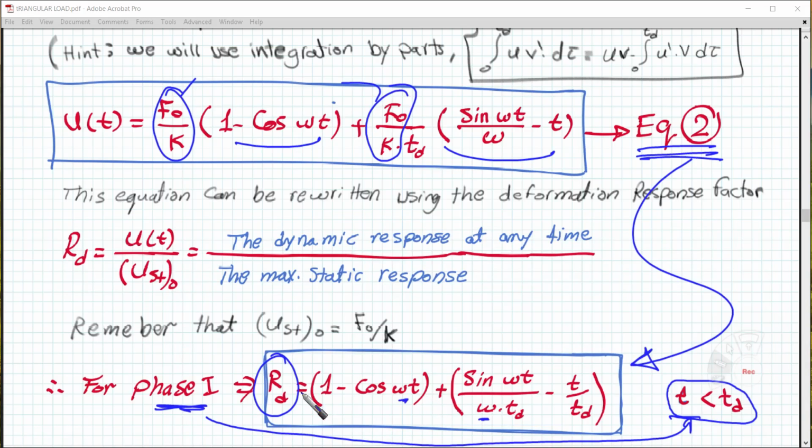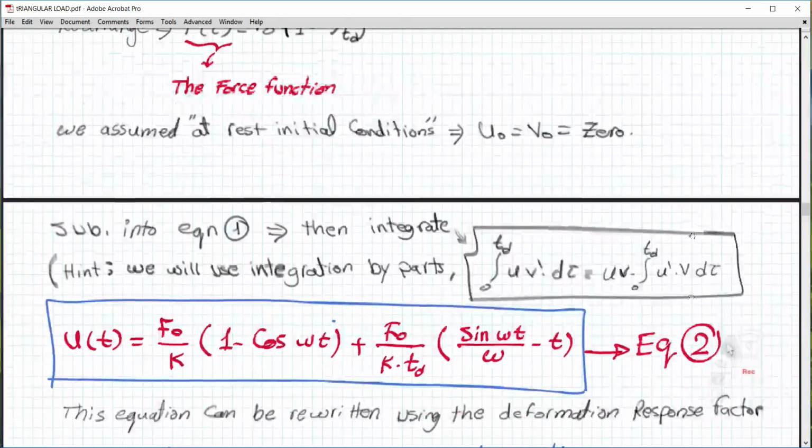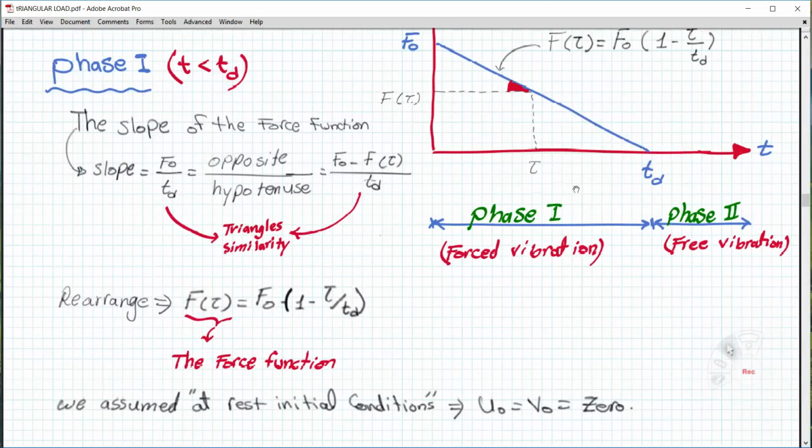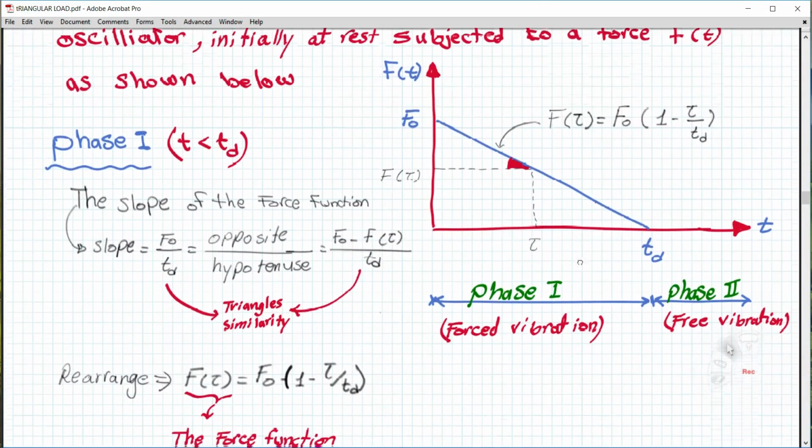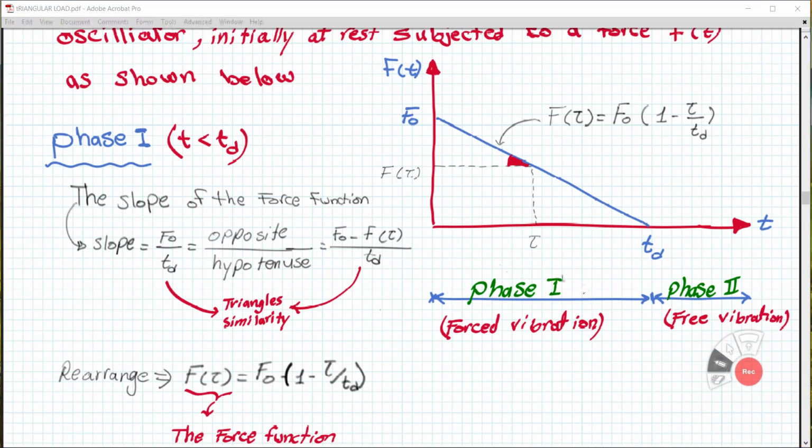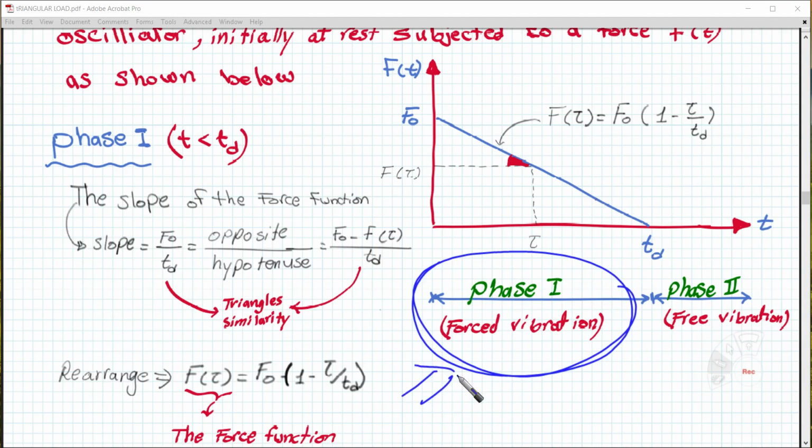Okay, so this is the equation, and this is how we are going to represent our system when we are in phase 1, this phase. Okay, we are talking about this phase now. The next is going to be phase 2.